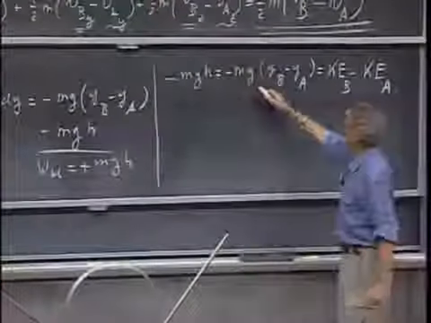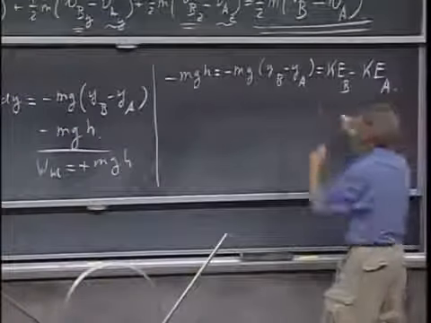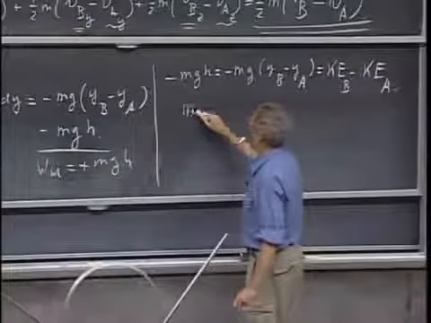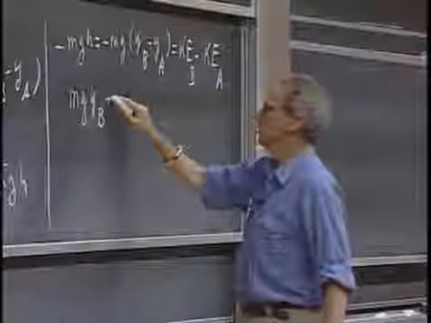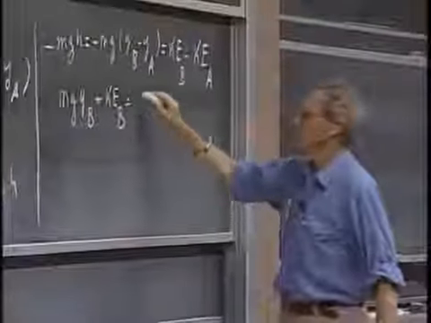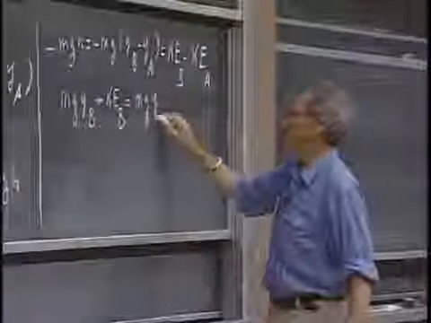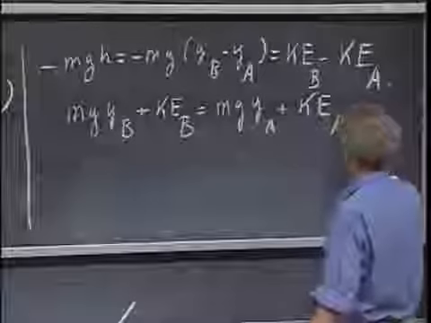Look closely here. I can rearrange this, and I can bring the B's on one side. I can bring the A's on one side. I then get mg times y of B plus the kinetic energy at point B equals mg times y of A plus the kinetic energy at point A.